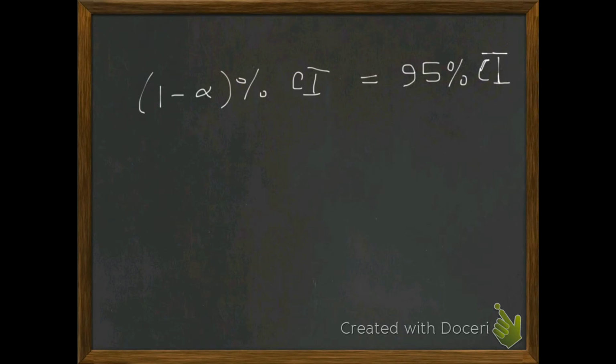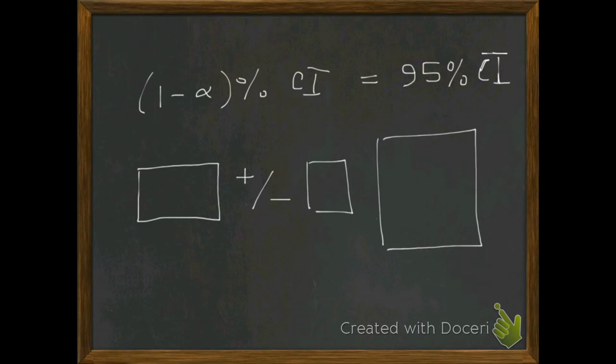Any confidence interval, regardless of whether we get into ANOVA or regression, which will be the focus of the class, consists of 3 parts. The part that goes here is your point estimate. So if we were constructing a confidence interval for mu, then we would put x bar there.